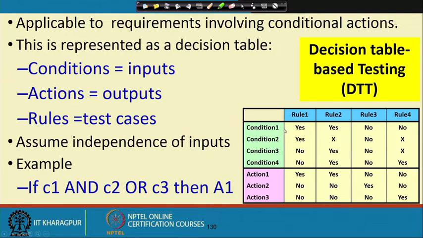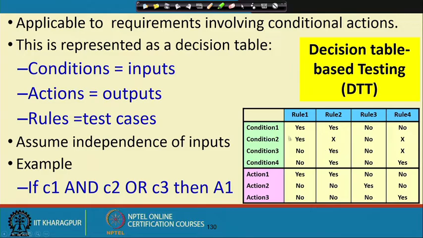Once we list down the conditions and actions, we know the possible values of the input, and we can define the rules based on the distinct values of the inputs, and then identify which of the actions take place for that specific combination of conditions.